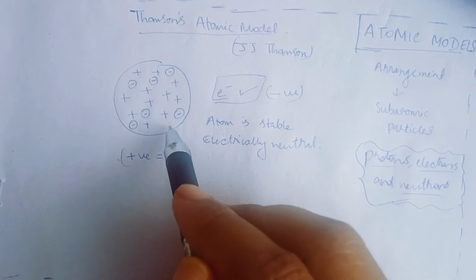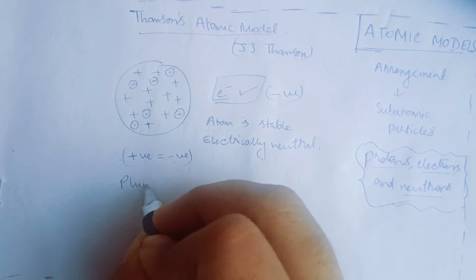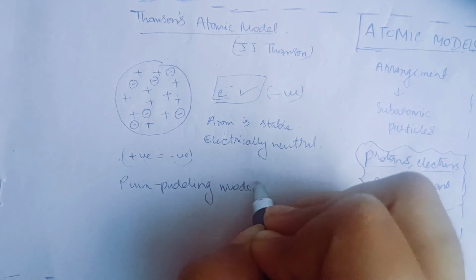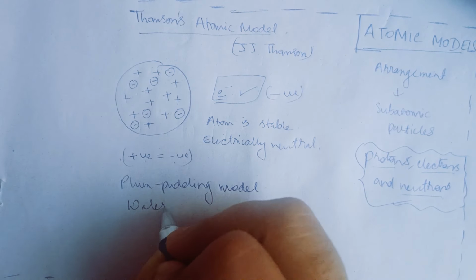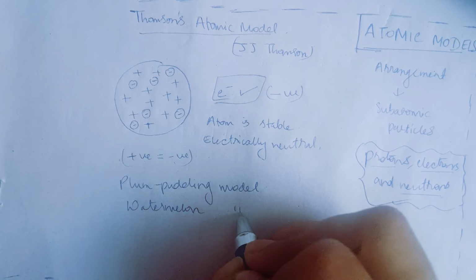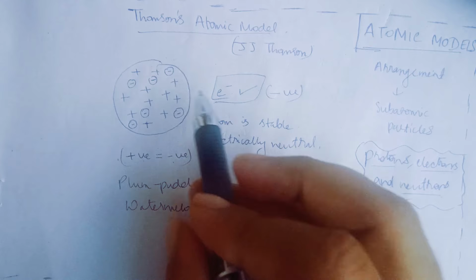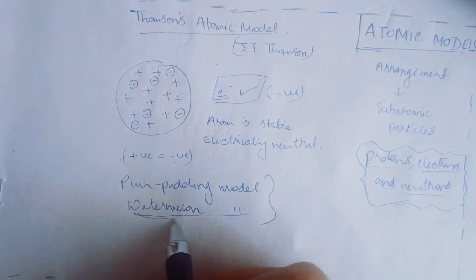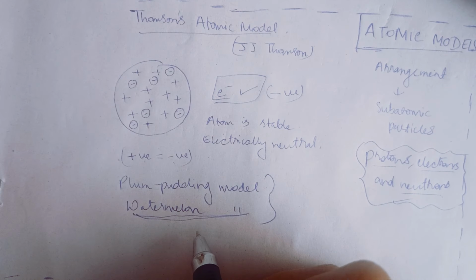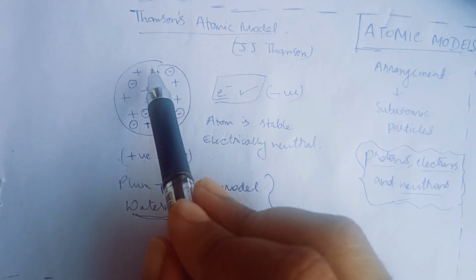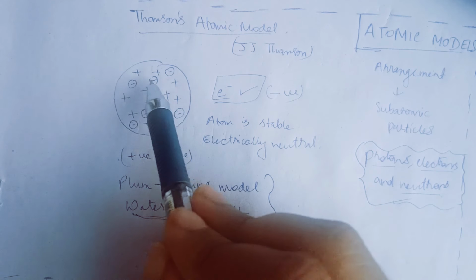Now this model is also known as the Plum Pudding Model, or the watermelon model. Why? Because this model resembles a watermelon. Just like the red part of a watermelon has seeds embedded in it, atoms are also comprised of a positively charged sphere in which electrons are embedded, just like seeds in a watermelon.